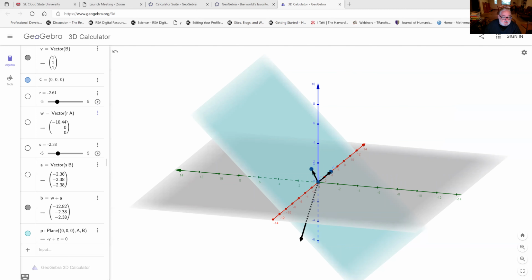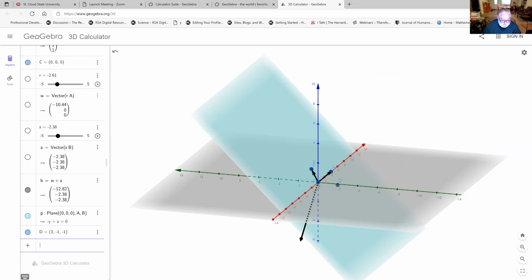So one of the other vectors we had was the vector 3, let's say 3 comma minus 1 comma minus 1, I think was one of the other vectors. Was it that? 3 minus 1, 1.